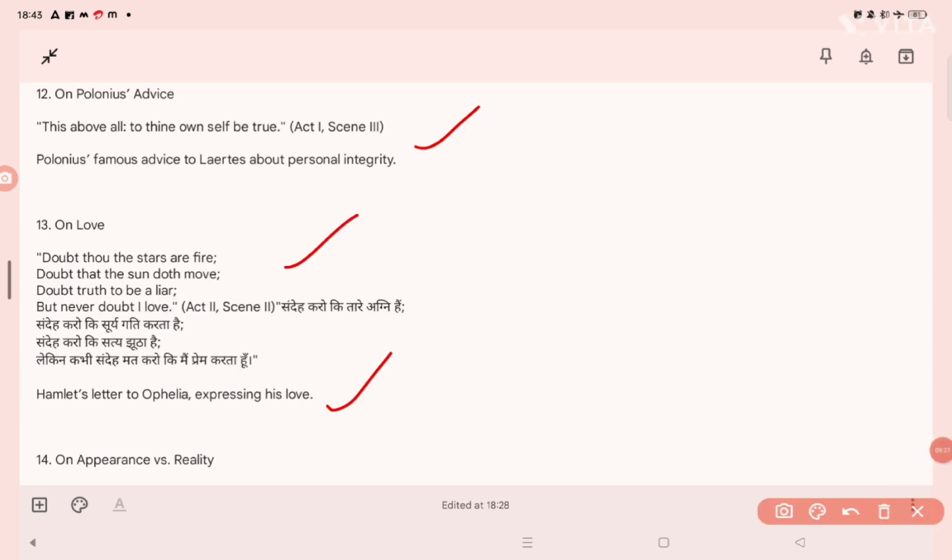"This above all, to thine own self be true." "Doubt thou the stars are fire, doubt that the sun doth move, doubt truth to be a liar, but never doubt I love."